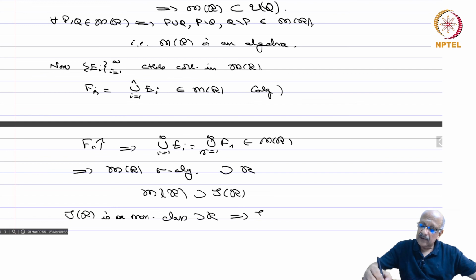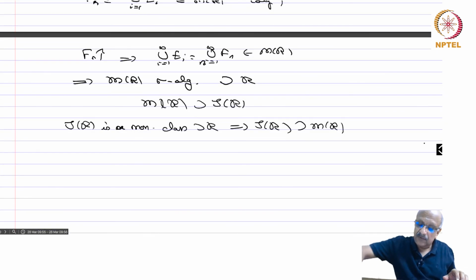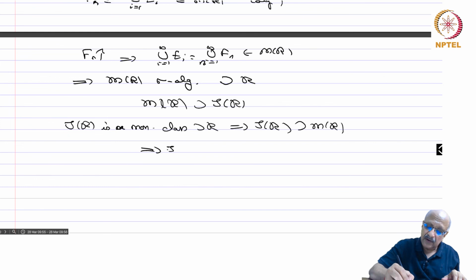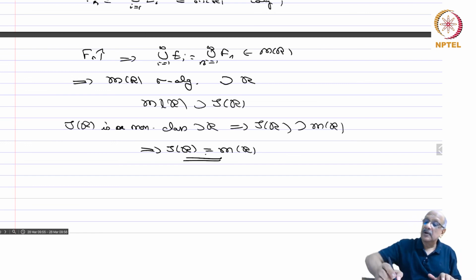And this implies that S of R contains M of R. So M of R is contained in S of R, S of R is contained in M of R, and therefore S of R equals M of R. So if you have an algebra, then whether you make the monotone class or the sigma algebra, it doesn't matter. Okay, so next proposition.